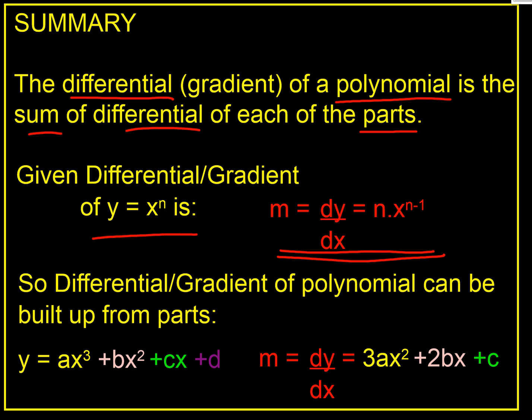So if we had a generalized polynomial like the one at the bottom here, ax to the 3 plus bx squared plus cx plus d, then we can just differentiate each of these parts separately and we'll get the differential of the total. So our ax cubed is just going to become 3ax squared, and our bx squared is going to become 2bx, and our cx is going to become c, and our d differentiated is going to be 0. So there you are. We can just do it in parts.